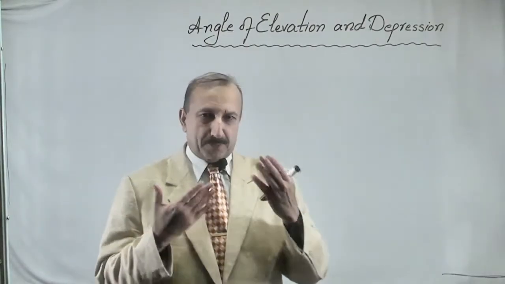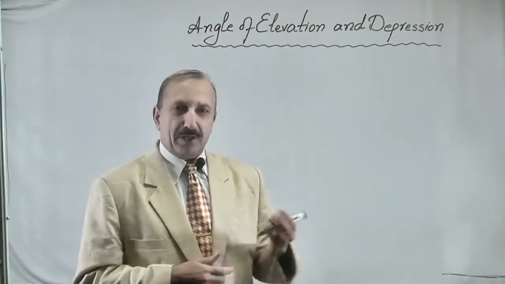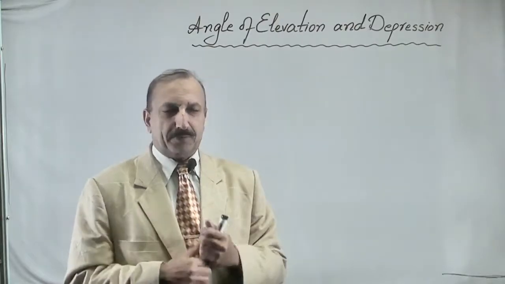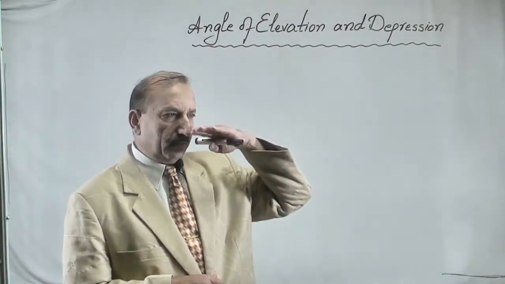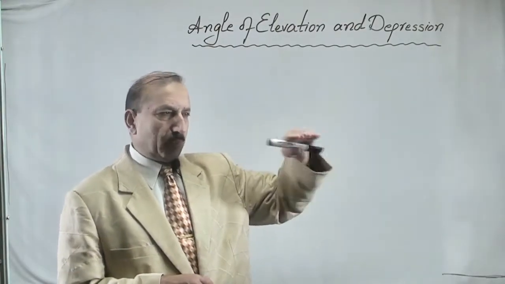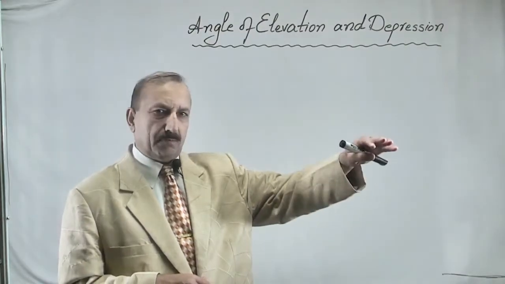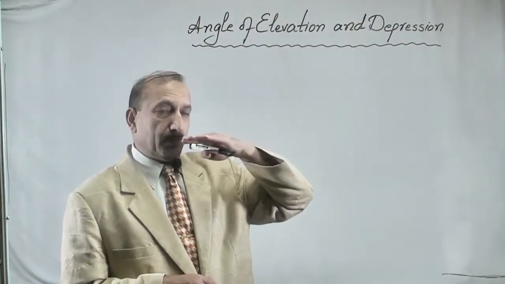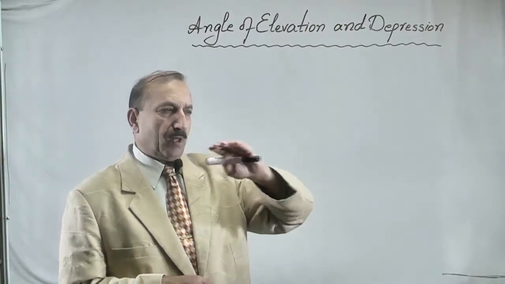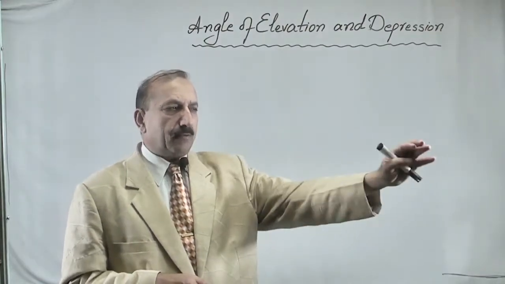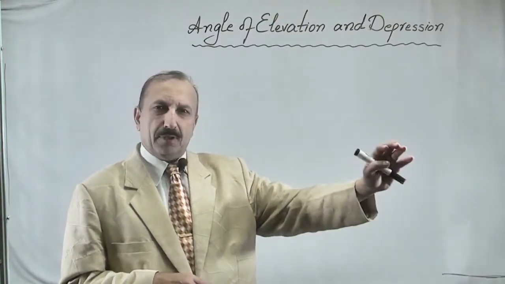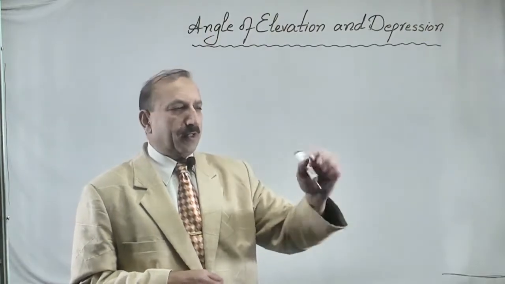I'm going to explain it in a way that, my dear students, look, here's my eyesight level. This is the level of my eyesight. And this line of sight is considered to be the horizontal line.